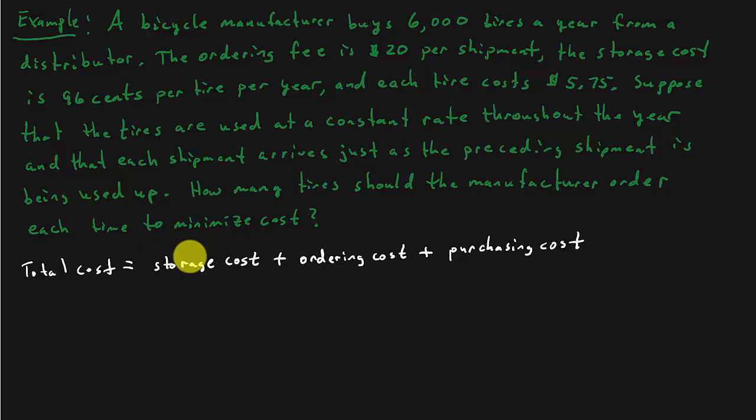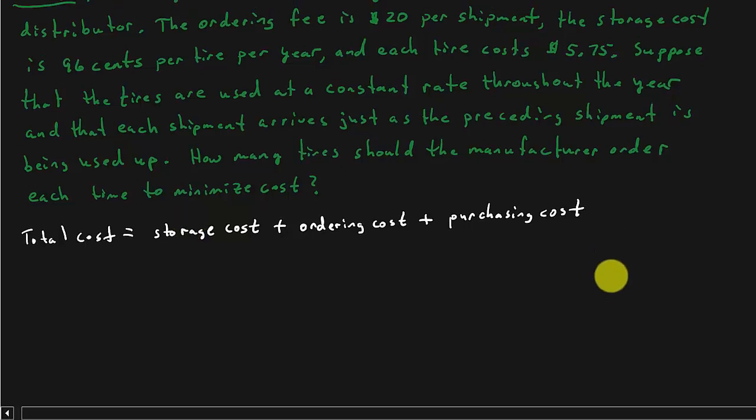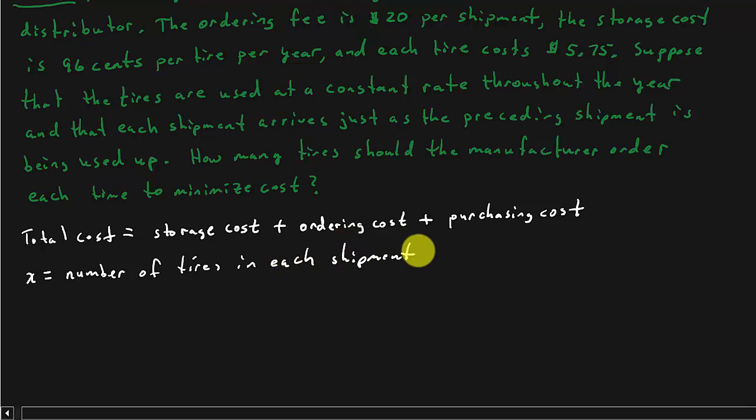All right, so it's wanting to know how many tires should the manufacturer order. So obviously there we're going to let X equal number of tires in each shipment. That's X. And we've got the ordering cost. Okay, so we need the ordering, storage, and purchasing cost.